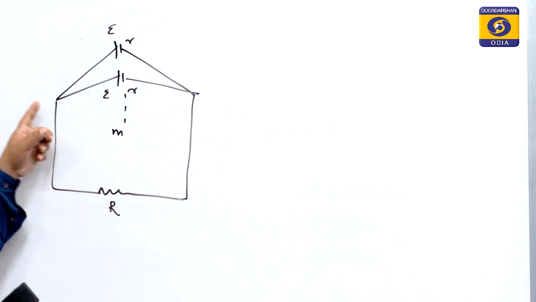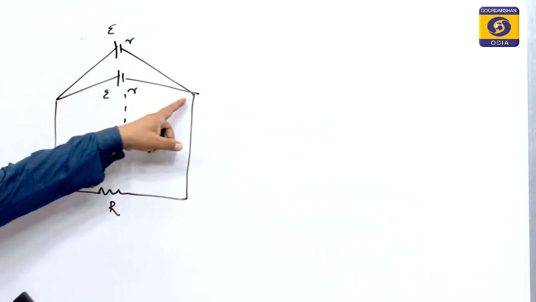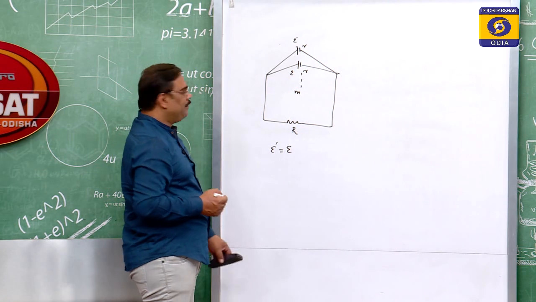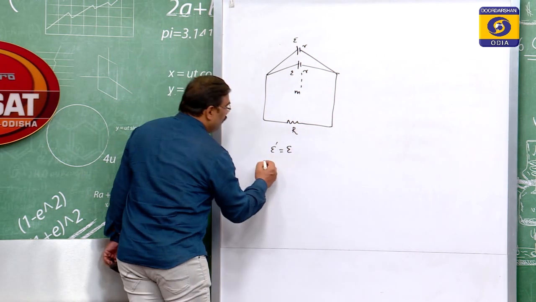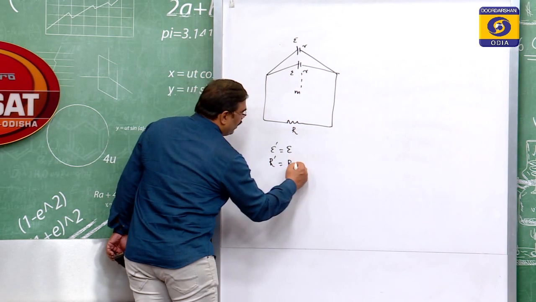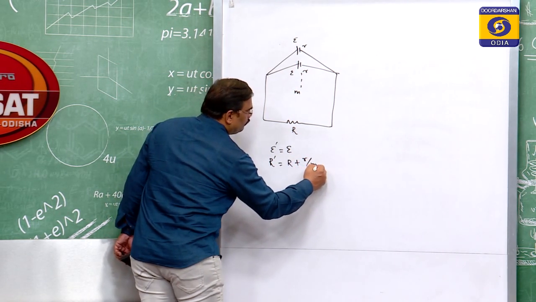Obviously, the potential difference between these two points, or we can say the effective EMF, is equal to the EMF of each cell, and the effective resistance R dash will be R plus r by m.